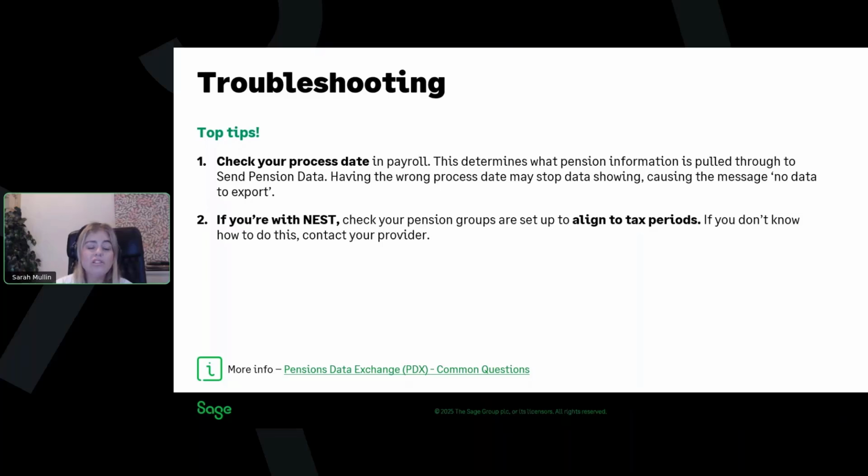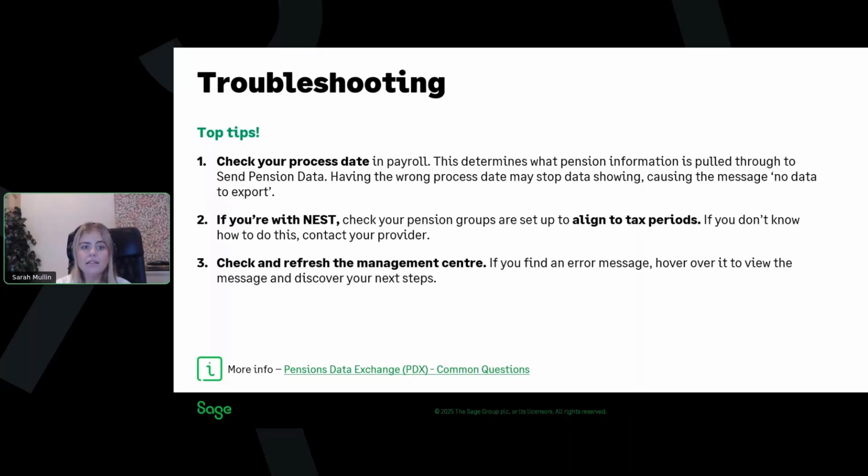They do need to be on tax weekly or tax monthly to match the payroll, as payroll will always work in tax periods. But if you do check Nest and you notice that they're not aligned to the tax periods, then just give Nest a call or have a look on their help centre. They do have guidance on how to update that if needed.